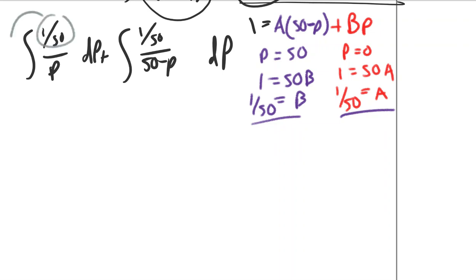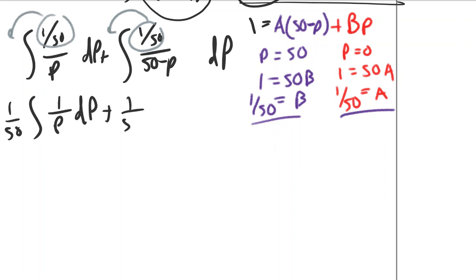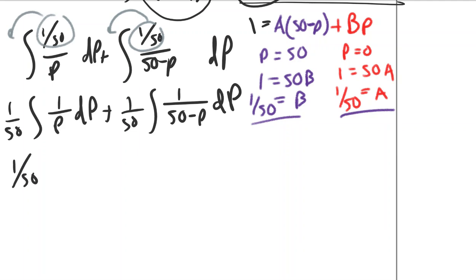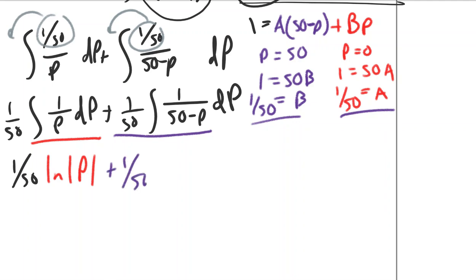Now, again, these constants, most people like to just pull these out front and worry about them after the integration. I think both of these are easy enough that you probably don't feel like you have to pull them out as a step, but feel free to if you need to. So my answer is 1/50th of this antiderivative, which we memorize, plus 1/50th of this antiderivative. And of course there should be a plus c.